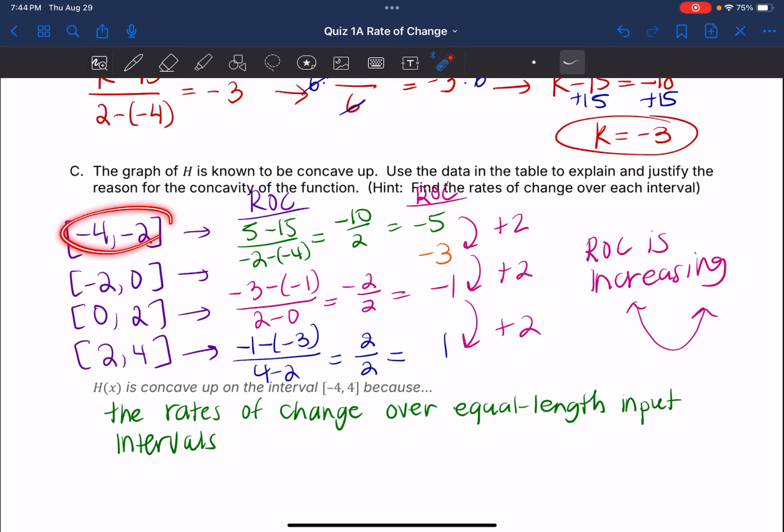So notice that every one of these intervals is 2 apart. And that's all you really need to write.